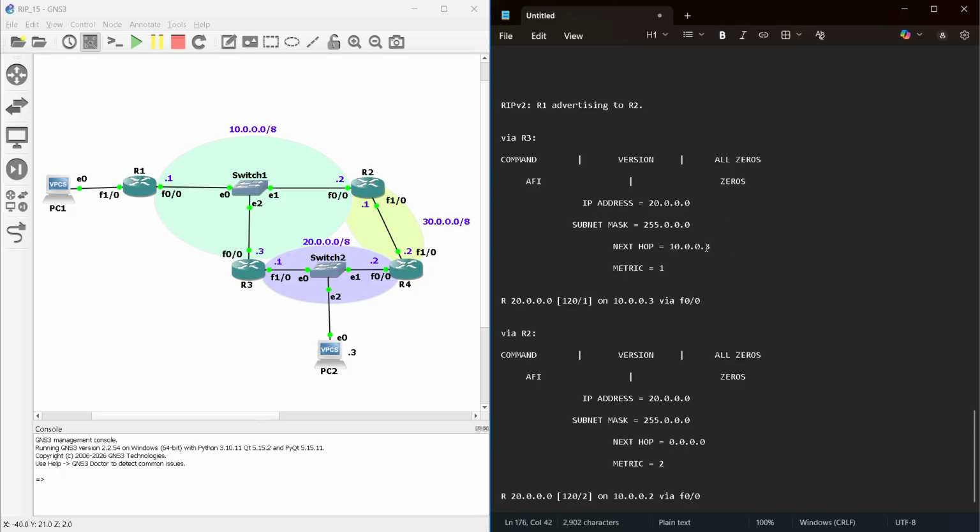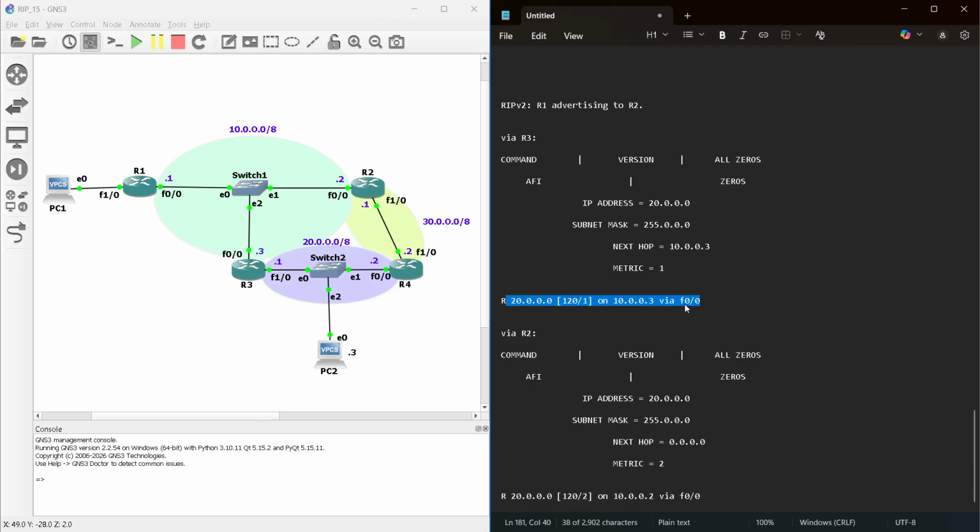So the next hop for the best, shortest path will be this. After this configuration, what will happen? Initially, this was the entry, but after this, the entry will be this. It is learning about the 20 network with a hop count of 1 via this IP address on this FastEthernet.